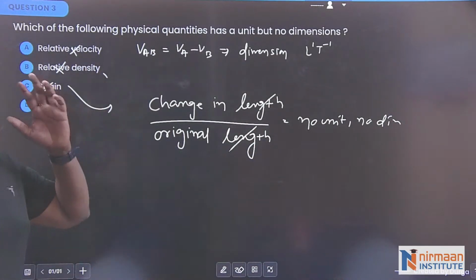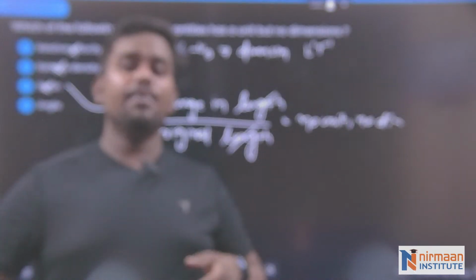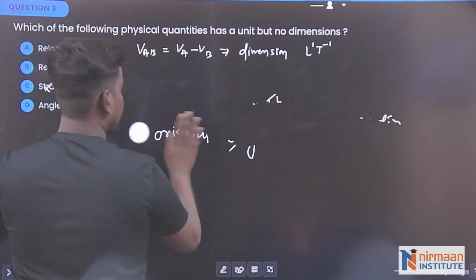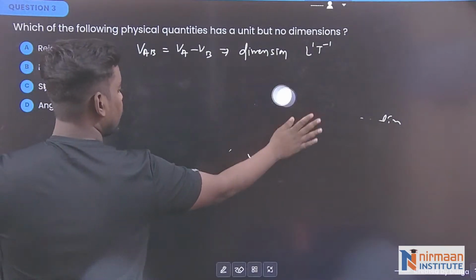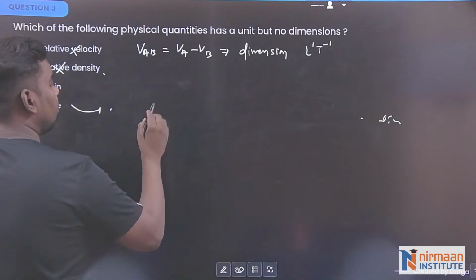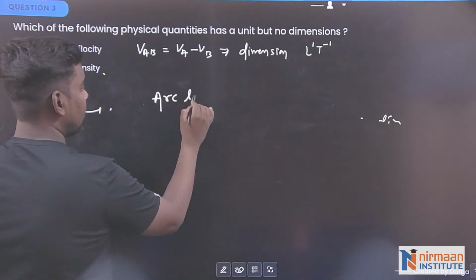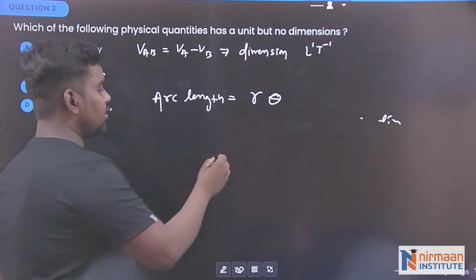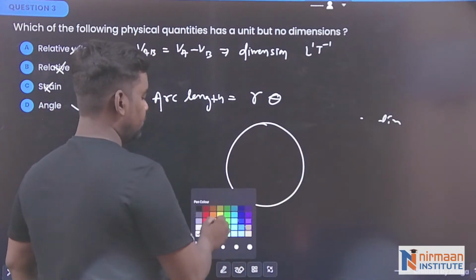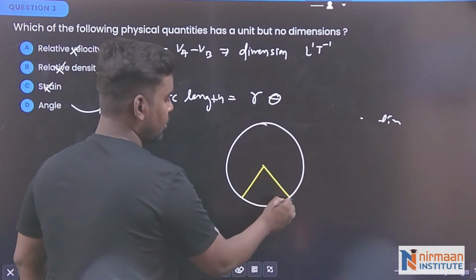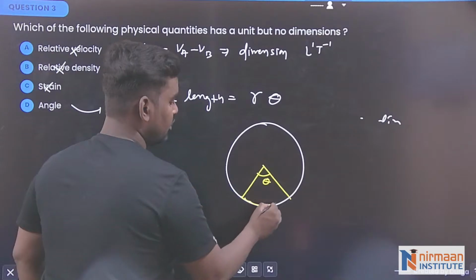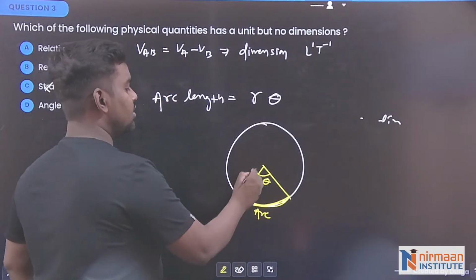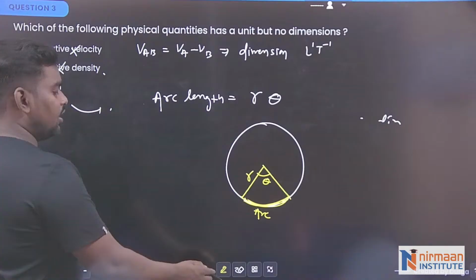Now what about angle? Angle has no dimension. Why? See, this is important. We studied arc length. Arc length equals r times theta. You studied this in 10th class, elementary level mathematics.